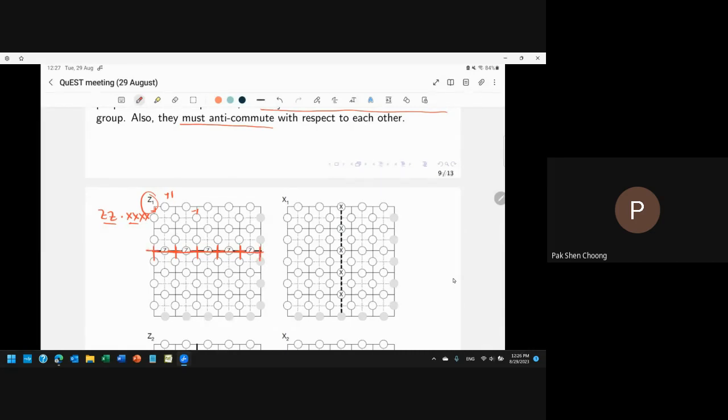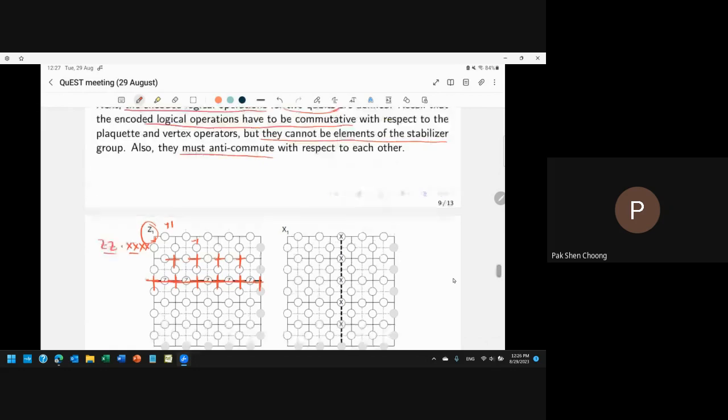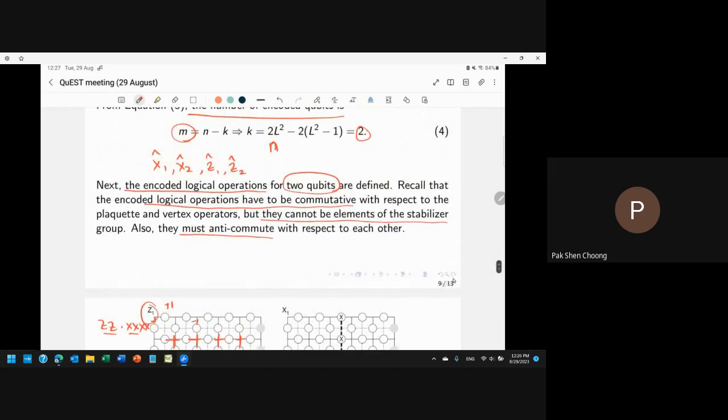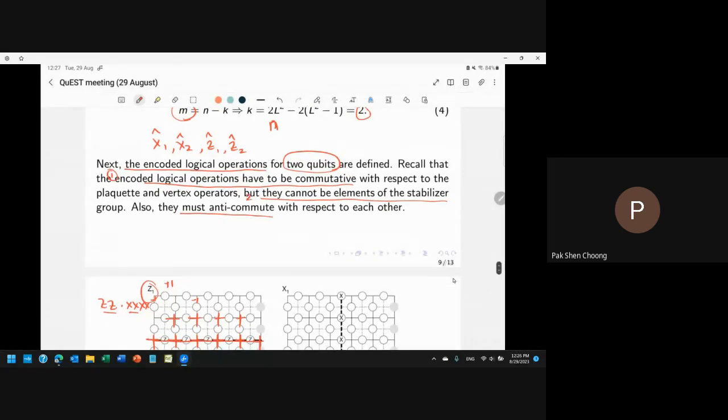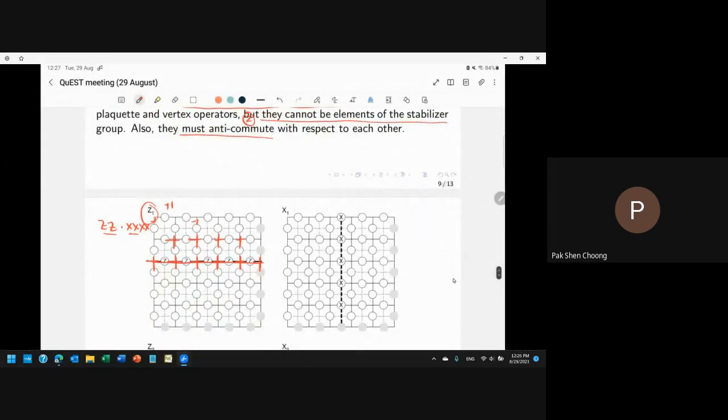And then other vertex operators, basically they won't detect this line. So you satisfied the first condition, they are commutative. And they are also not the elements from your stabilizer group, because no matter how you do it, you cannot actually generate this kind of elements by using your vertex operators.